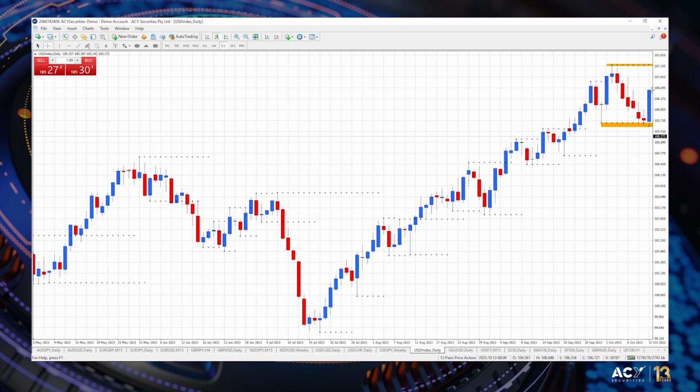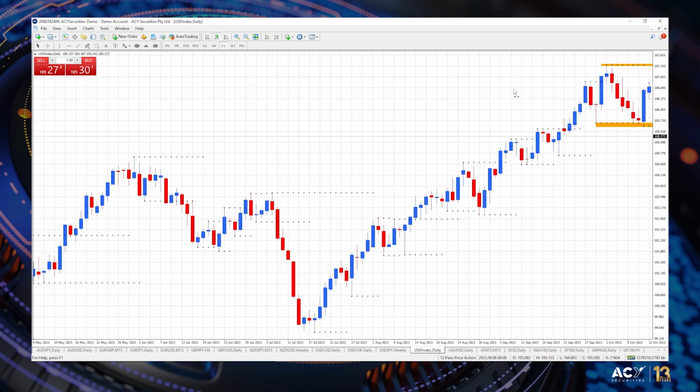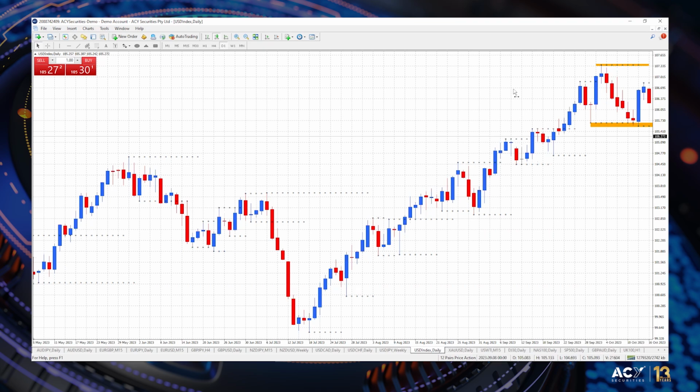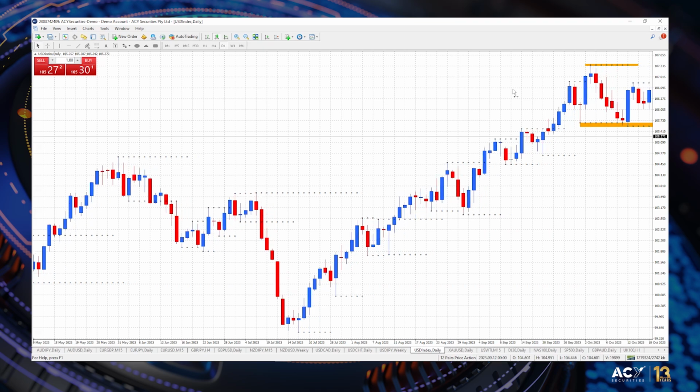So right now on a weekly chart on this US dollar index, we can see that price is pretty much in the middle of the top and the bottom here. So as I move across week by week, price is moving around, but it isn't putting in a higher top, or it isn't putting in a lower bottom at this stage.